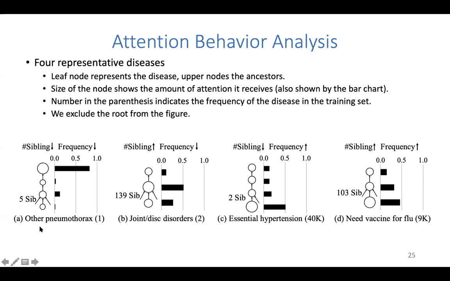Right, so if you look at this, other pneumothorax is rare and has few siblings. It occurs only once in your training set, so it is super rare, and it has only 5 siblings: 1, 2, 3, 4, 5. So there is not much to learn from your siblings as well.